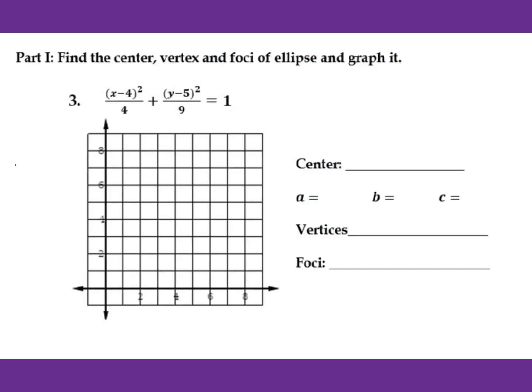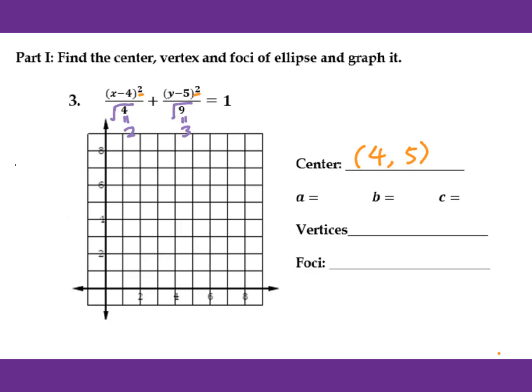Now let's sketch a graph for ellipse. First of all, we get the center. Remember, when you have a square, that's the opposite sign. Therefore, we get (4, 5). Then we take the square root of 4 and the square root of 9. You get 3 and you get 2.